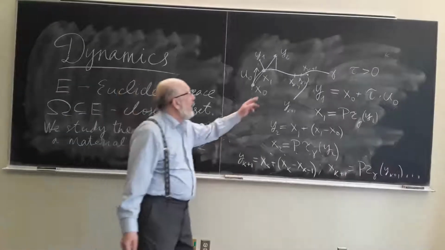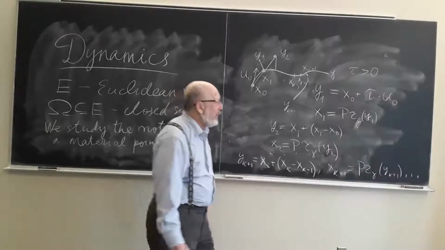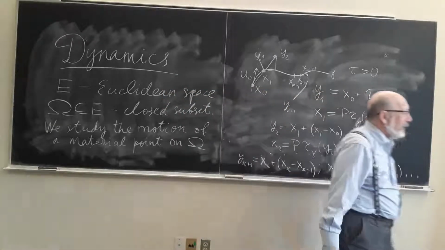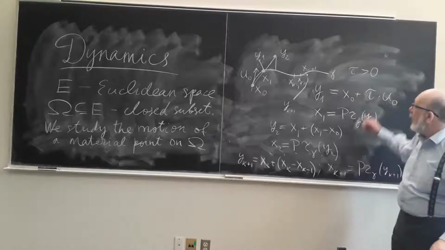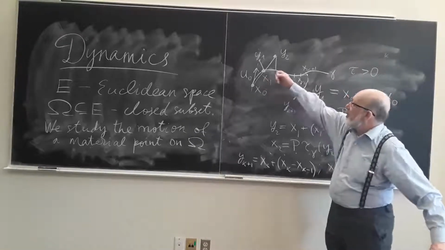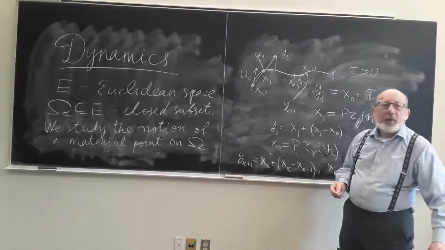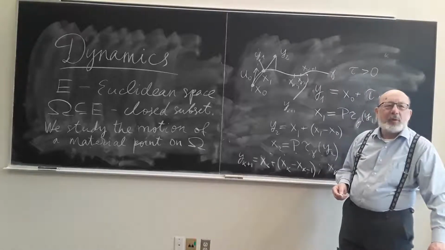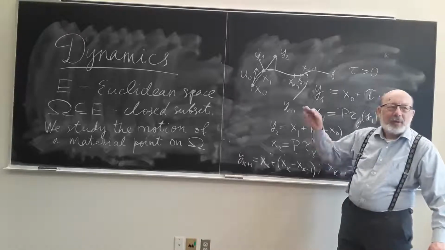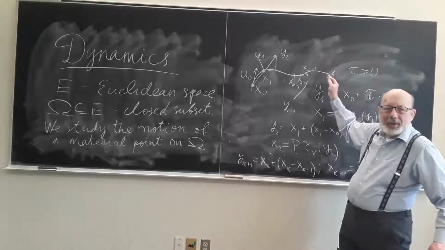If you analyze this process very simply, you will see that when tau goes to 0, this chain of points on the curve will become asymptotically equidistant. So the distance between them will become very close to one another.